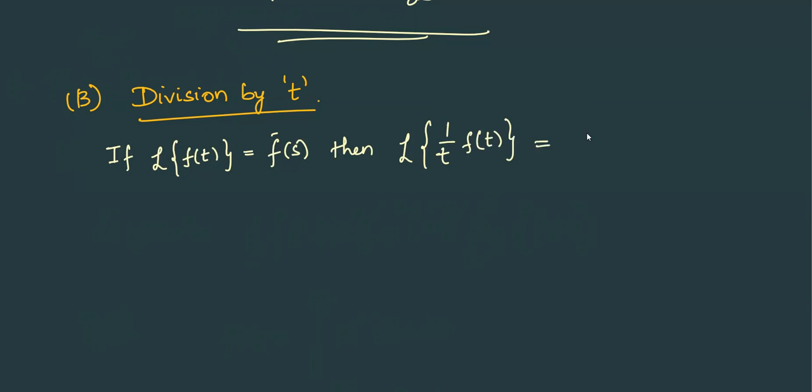So division by t is the integral from s to infinity of f bar s. We can show this with a double integral and a change of order. I don't go into the proof over here.